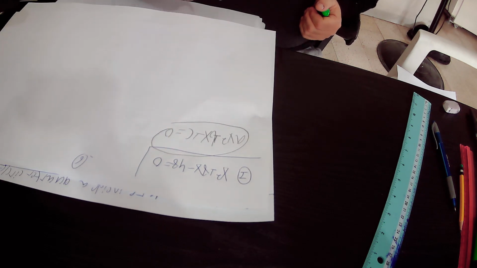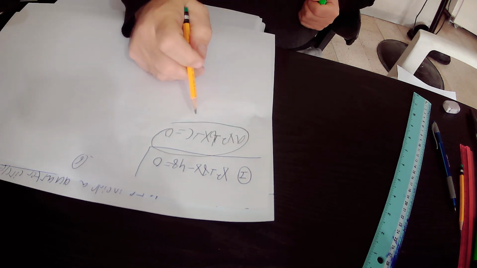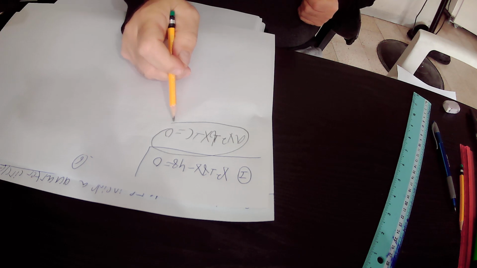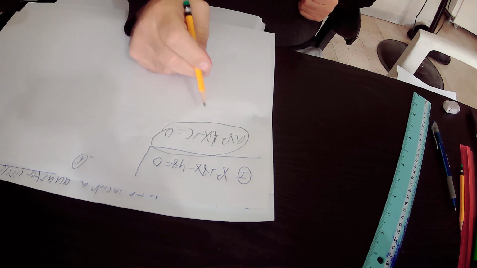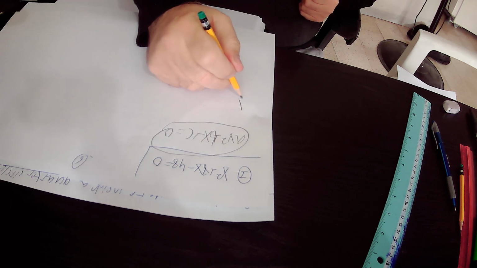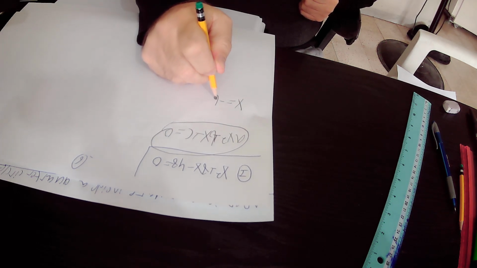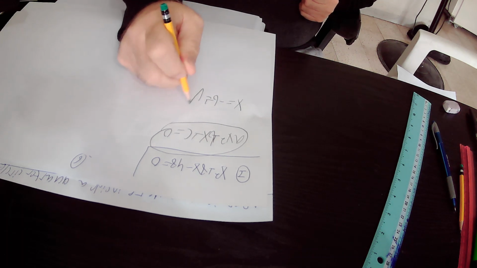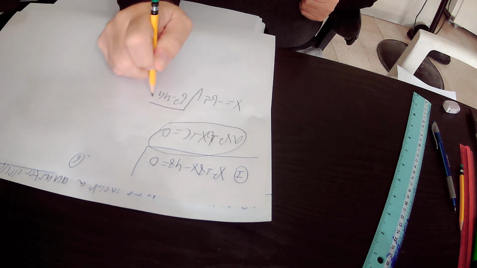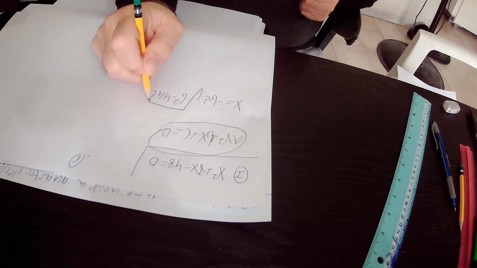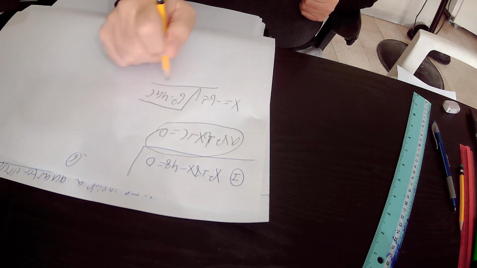In this general formula, a, b, and c are the coefficients of this quadratic equation, and x is the variable that we are looking for. And we find out the value of x according to the following formula. x equals minus b plus minus square root of b squared minus 4 times a times c over 2a.